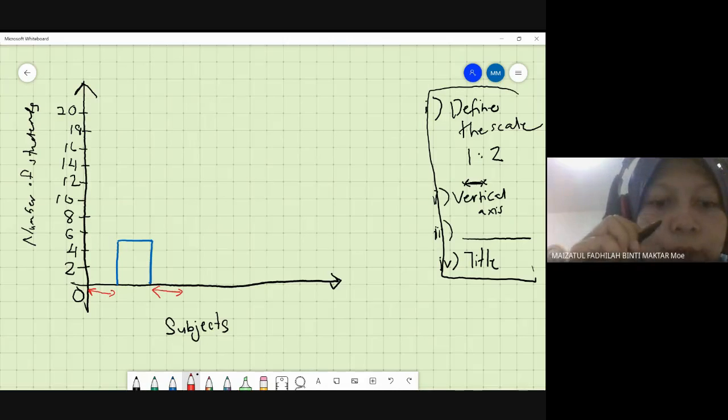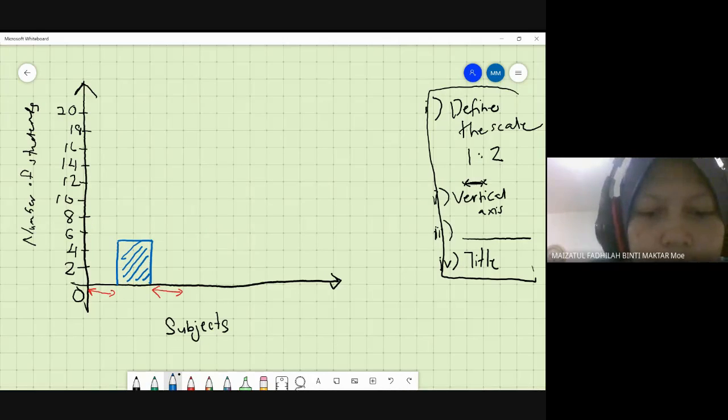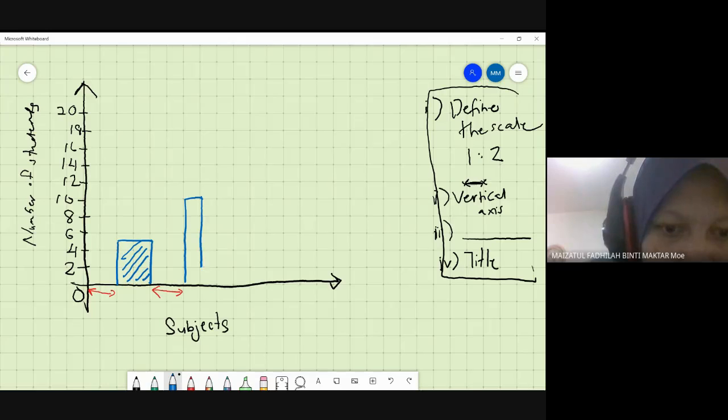If the first bar uses 2 squares, but suddenly the second bar, Bahasa Melayu, 10 students, you draw like this, this is wrong.